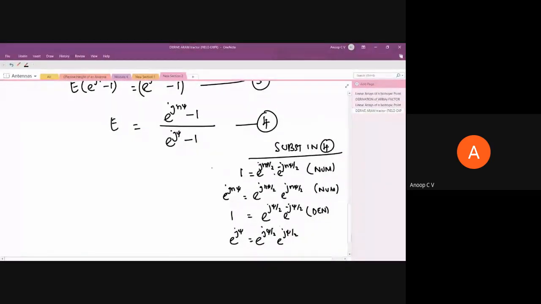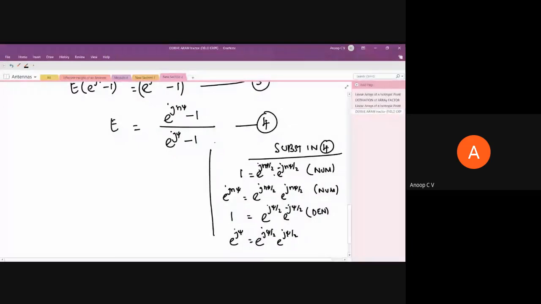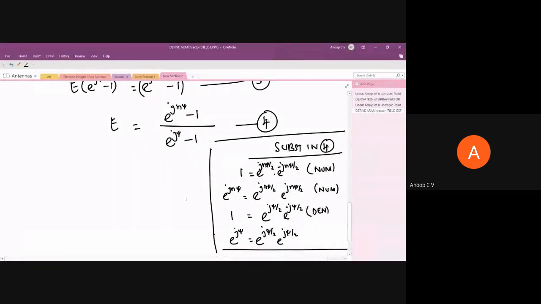So these substitutions you have to make in equation number 4, so that finally we hope we'll be able to bring it into sine or cosine form.